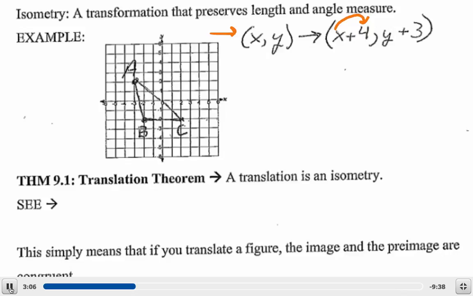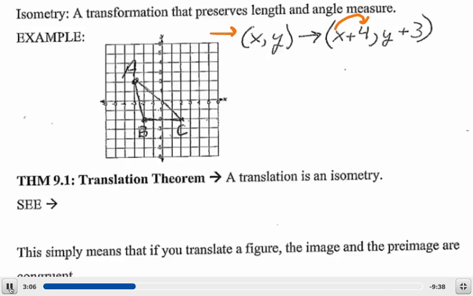Okay, so what we did up here in this example is a translation. It's an isometry. That's all the theorem says. So in this example here, I'll draw an arrow here, I'm saying that triangle ABC is congruent to triangle A prime, B prime, C prime.